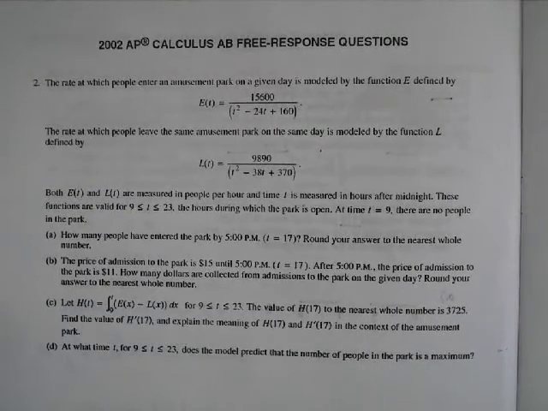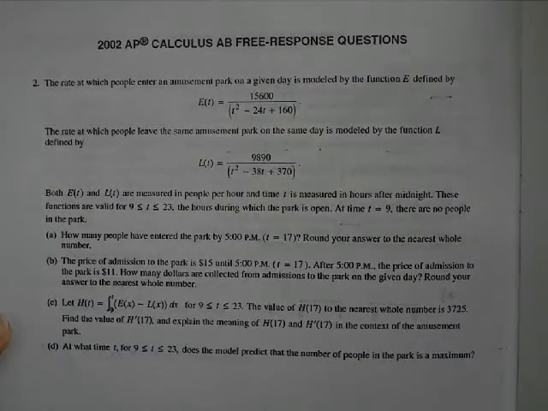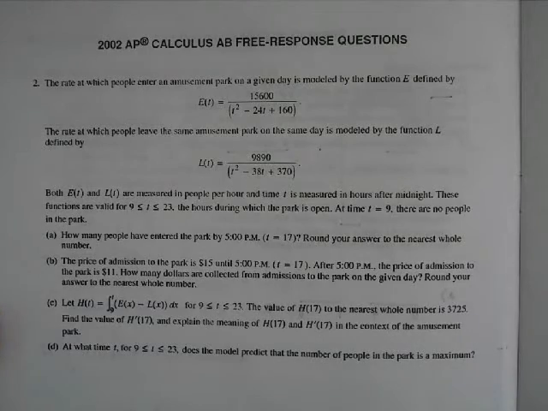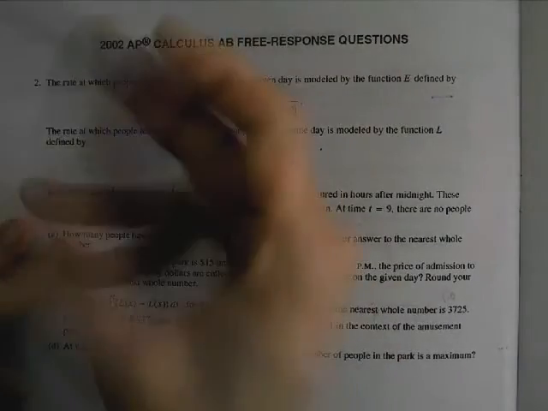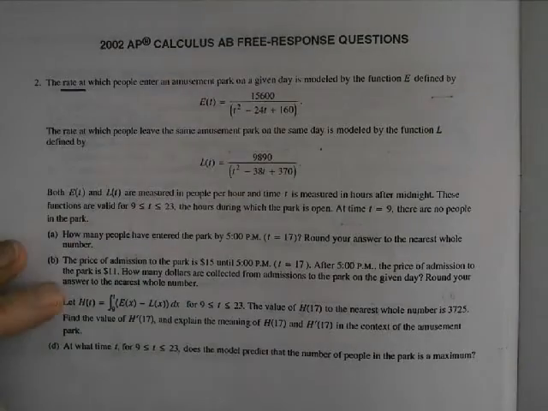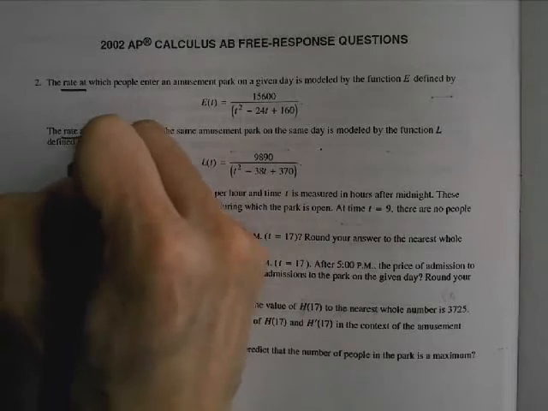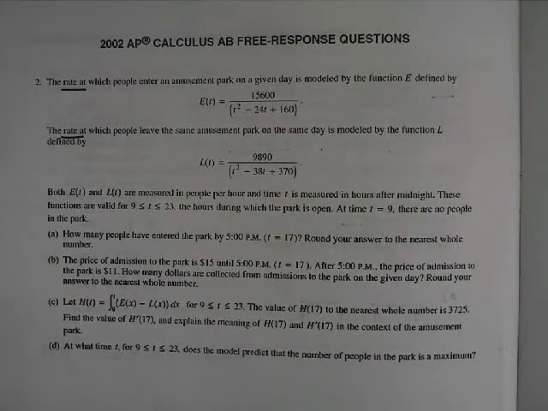Okay, this one we've kind of seen before, though we really hadn't tackled the whole FRQ. So we have our amusement park problem, and we're given the rate at which people enter the park, and we're also given the rate at which people leave the park.